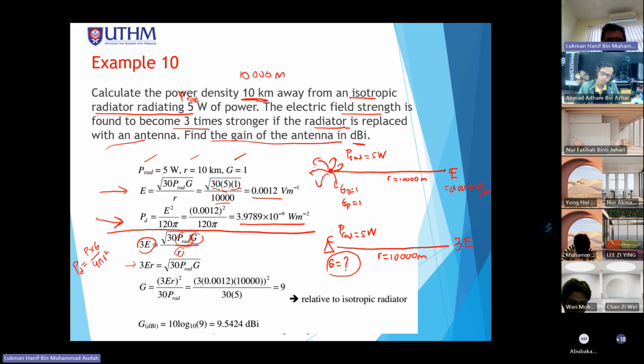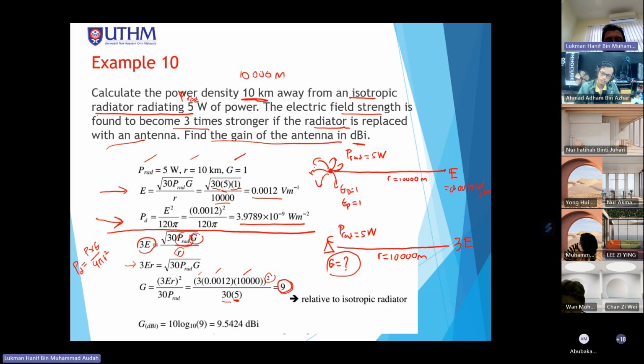We put inside the value 3 times 0.0012, which is the electric field, and this is the distance, 10,000 meter, and then square, divided by 30 times 5 watt. You get approximately 9.